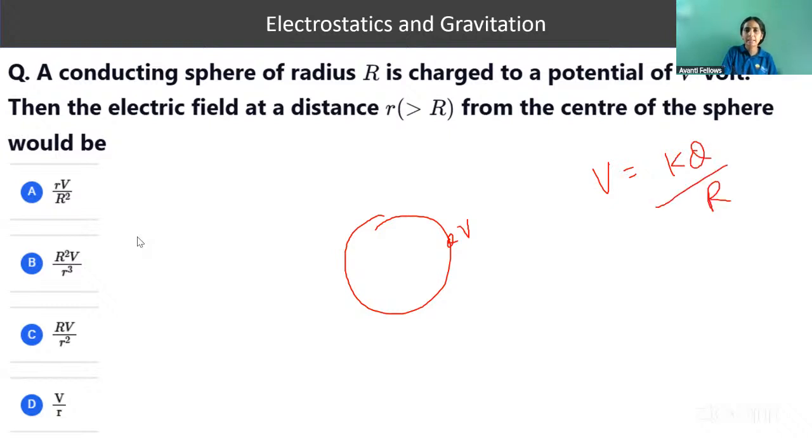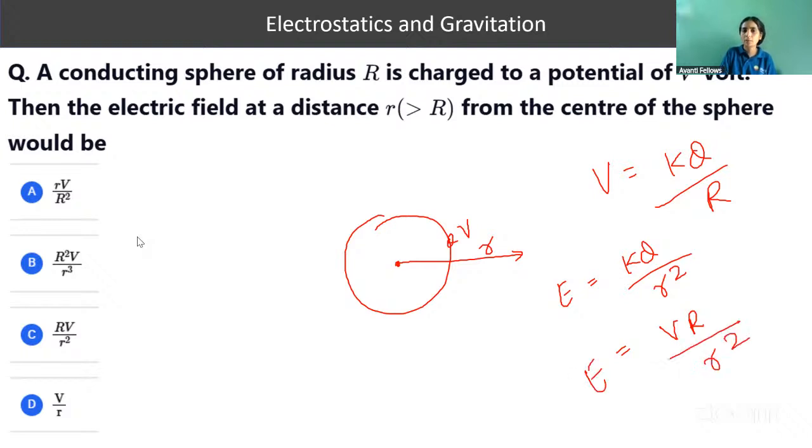Then the electric field at a distance r from the center of the sphere. So at distance r from here, what will be the electric field? So the value of electric field will be equal to how much? kq by r squared. Okay. And here, we have to express the value of the electric field in terms of V. So look carefully here, q can be written as what? V r can be written. So this is V r by r squared.